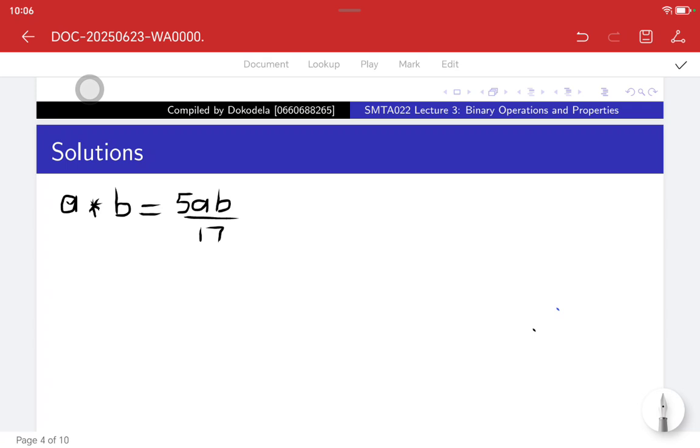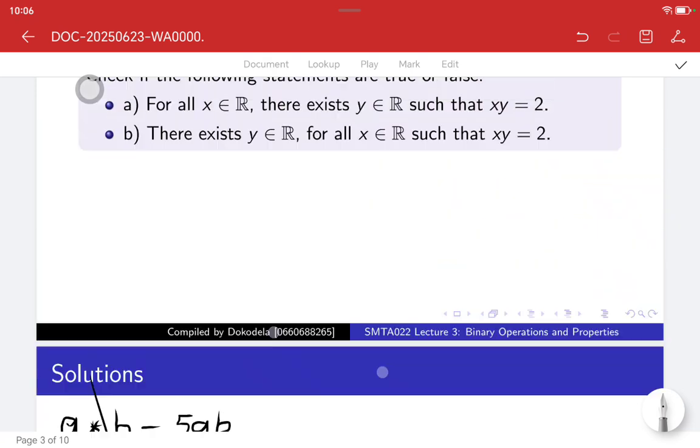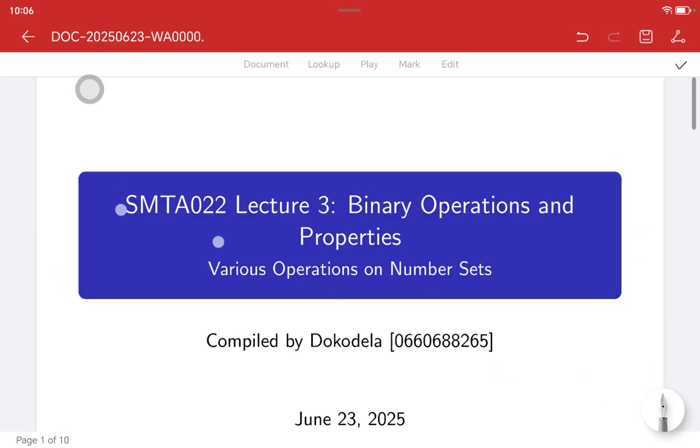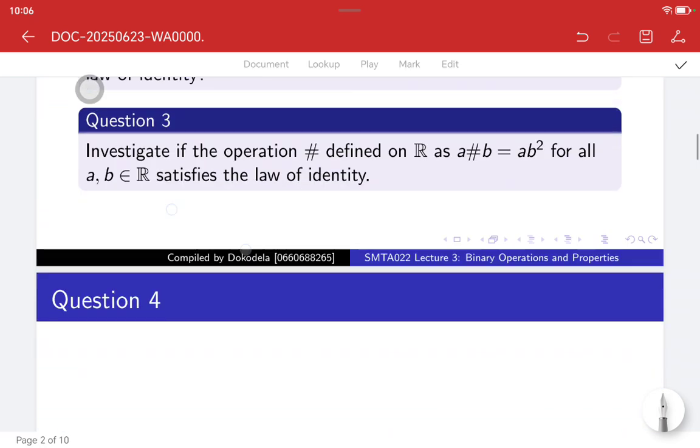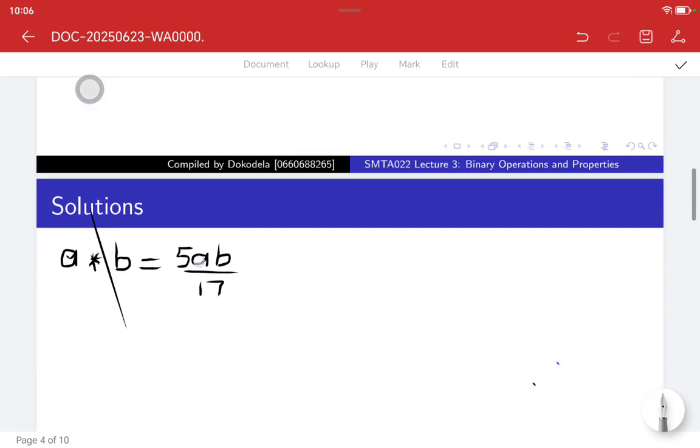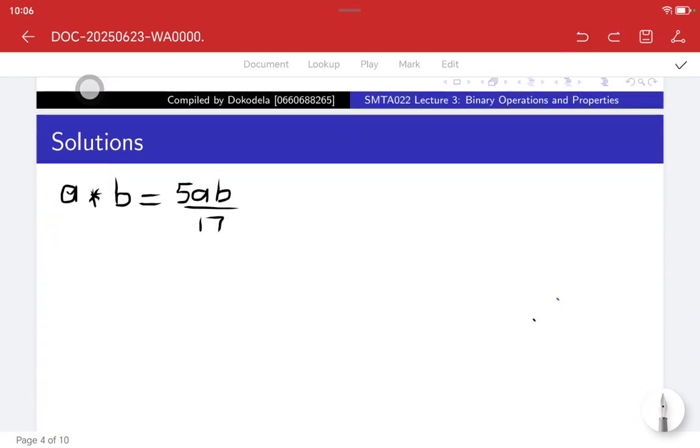Then they say we should check whether these laws are satisfied on this. Let me check if it's really 17. Yeah, I think it's 17, right? So 5AB over 17. So they say we must check if the binary operation satisfies this condition.